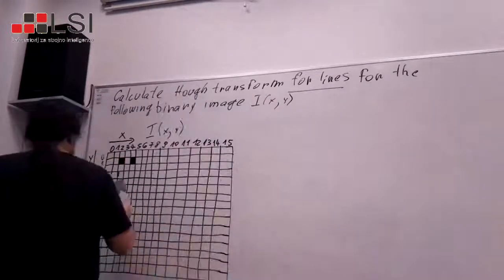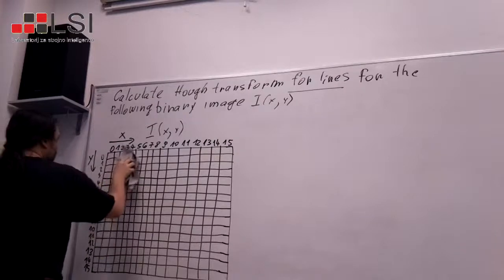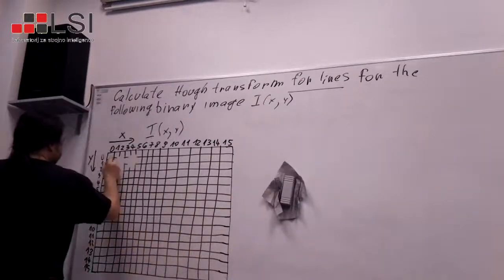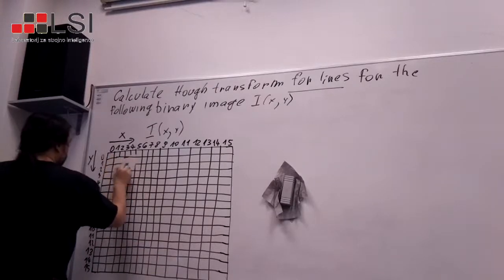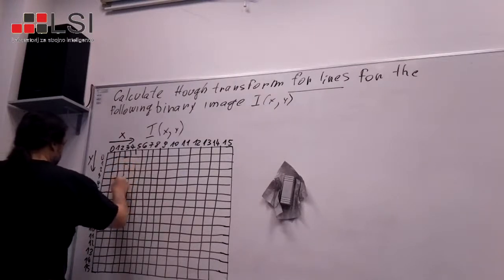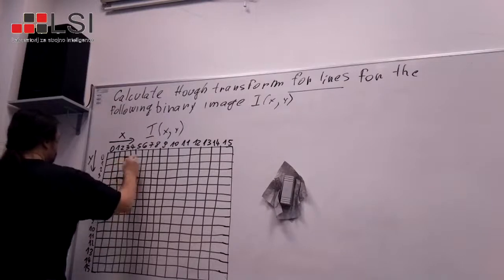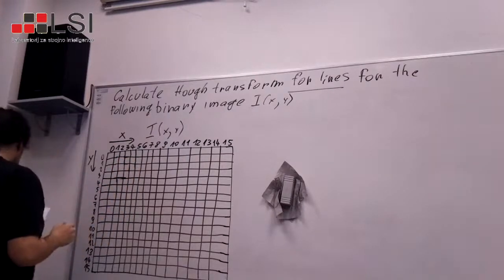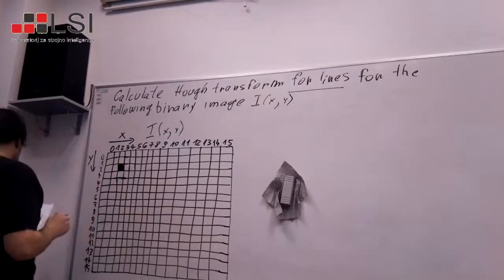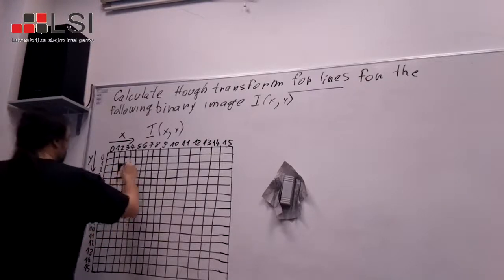So here at coordinate 2, 2 is the first pixel, and 4, 2 is the second pixel.